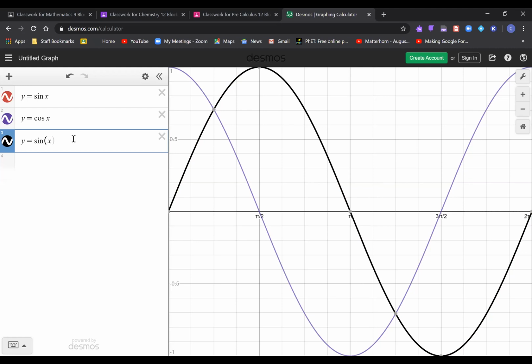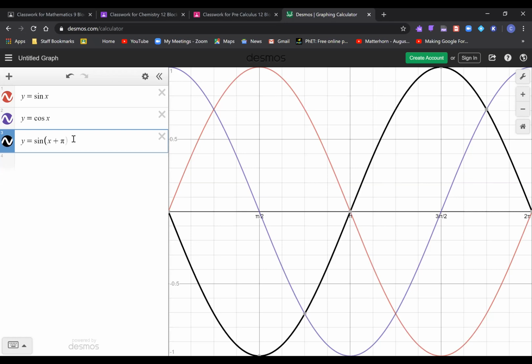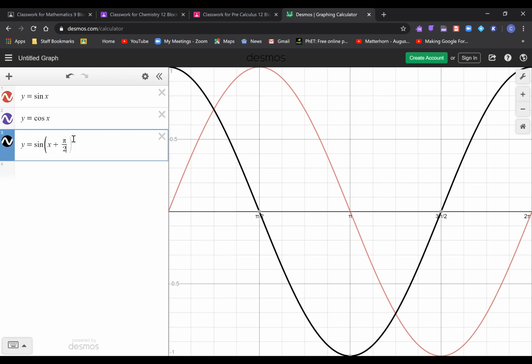So I'm going to go left, and I have to remember, if you're going to go left, you have to go plus pi divided by 2. See the purple graph? And then as soon as I put a 2 in, now the black graph goes over top of it. And I'm going to close my brackets.